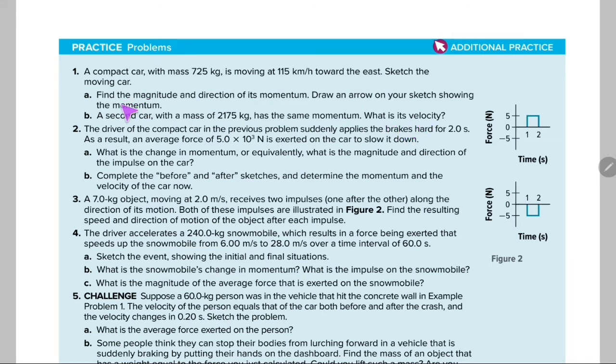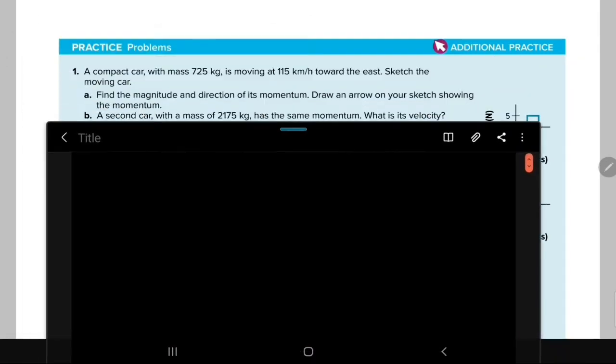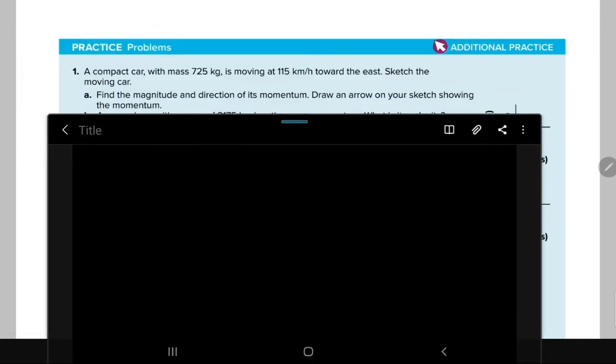So in the beginning, we will find the magnitude and the direction of the momentum of the car. First, we will write the known values of the question. This is question number 1.